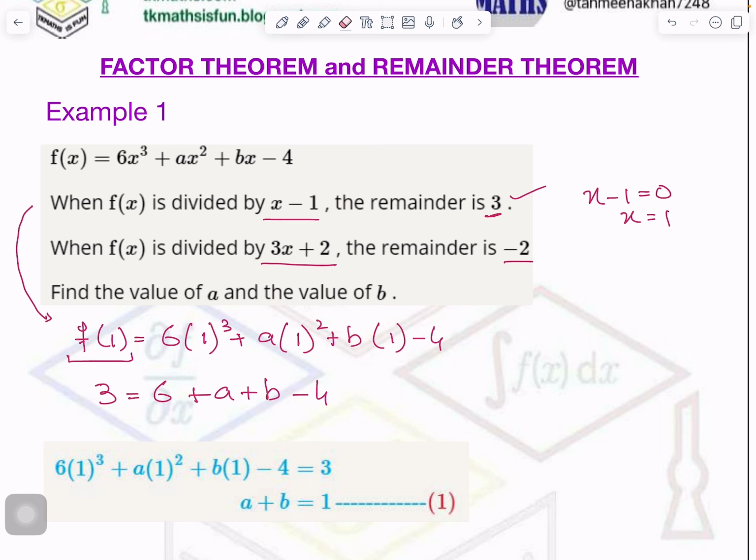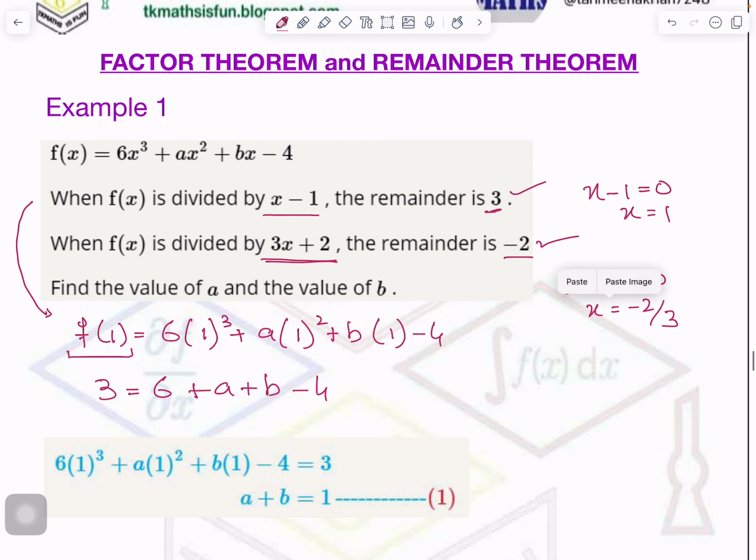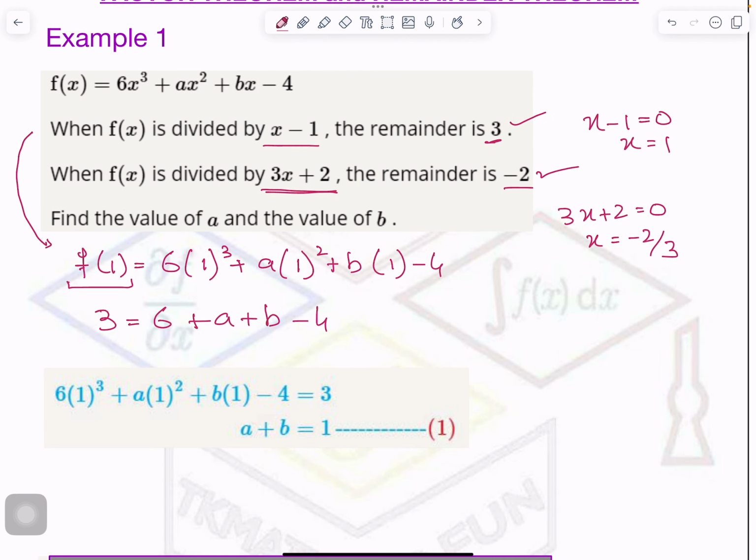For the second equation, I will use this condition. What is my divisor here? 3x plus 2. If I put 3x plus 2 equal to 0, I will get x equals minus 2 upon 3. So now what will I do? In the given polynomial, I will substitute minus 2 upon 3.